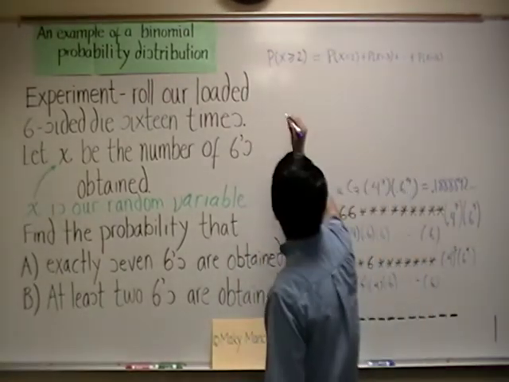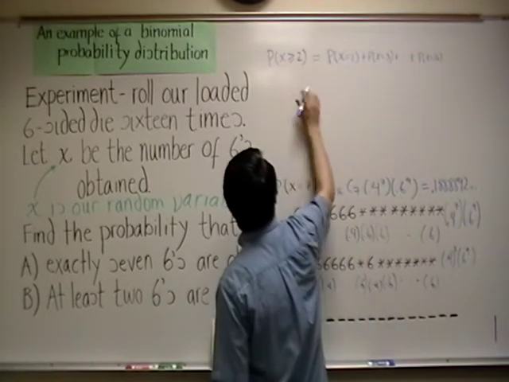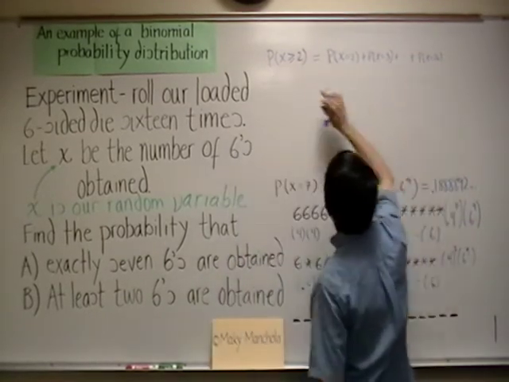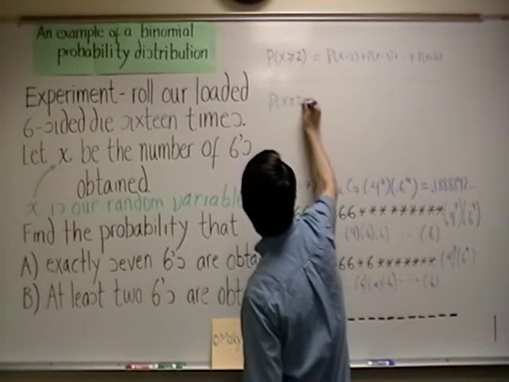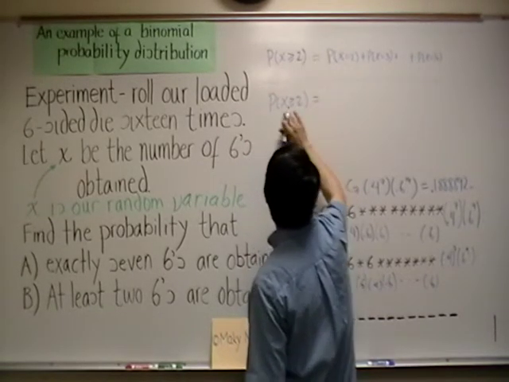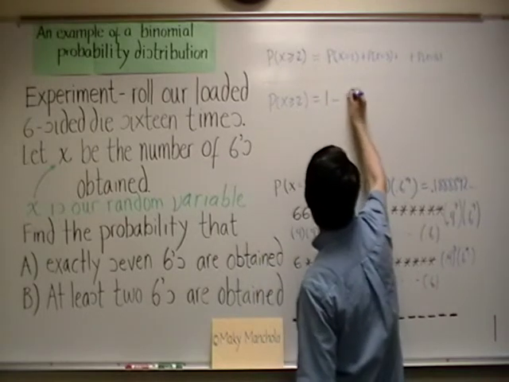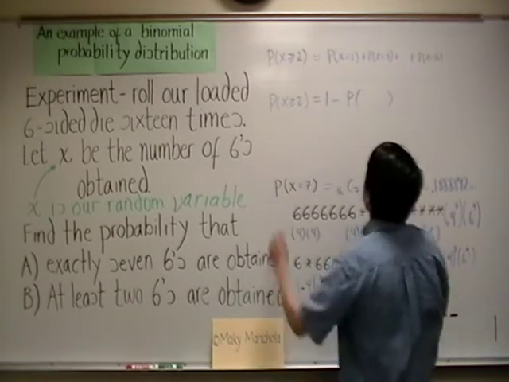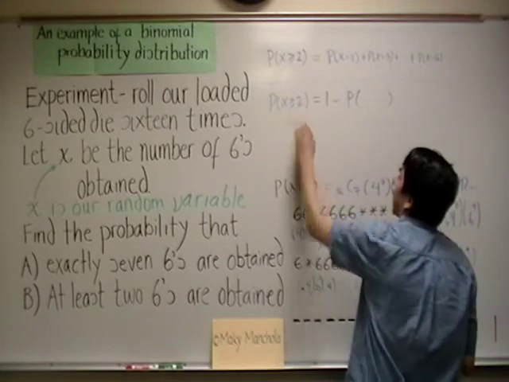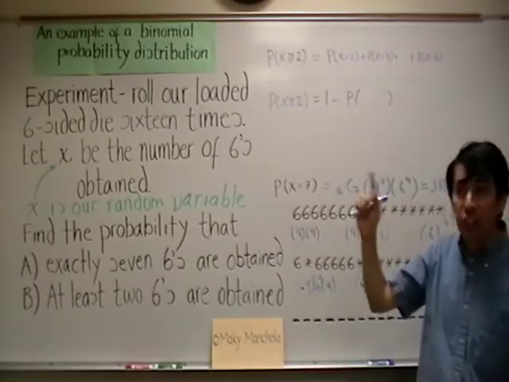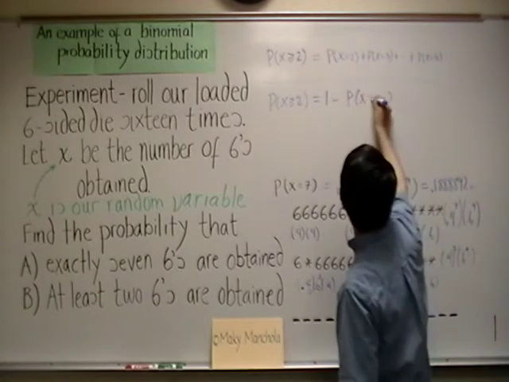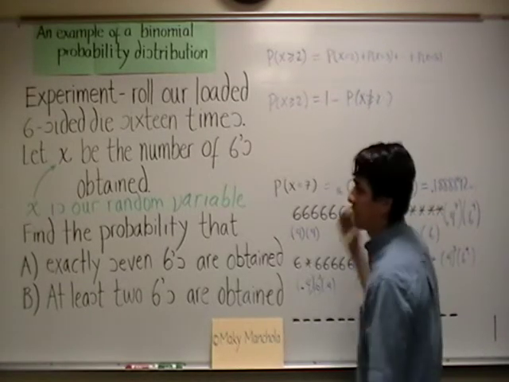Now, let's consider the following. What about if I look at the complement of this event? Where is the probability that x is greater than or equal to 2? Well, we have a rule that says the probability of an event is 1 minus the probability of its complement. The complement of x greater than or equal to 2 would have to be the cases where x is not greater than or equal to 2. But what is that?